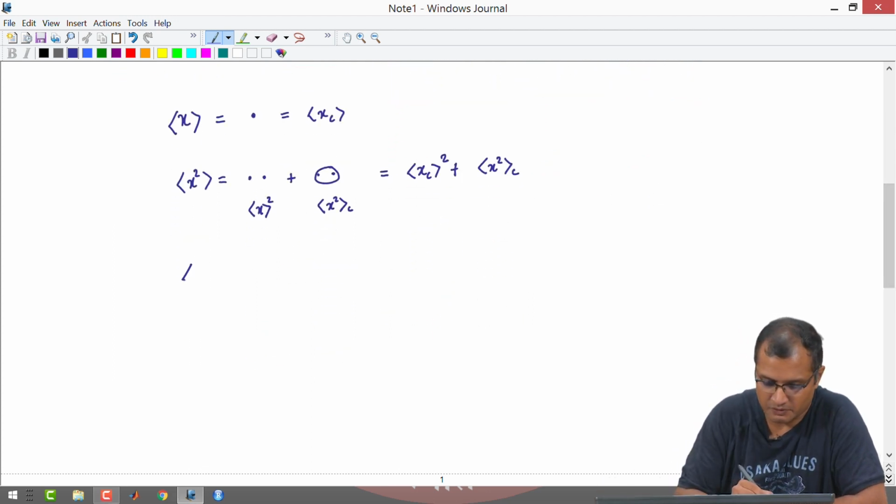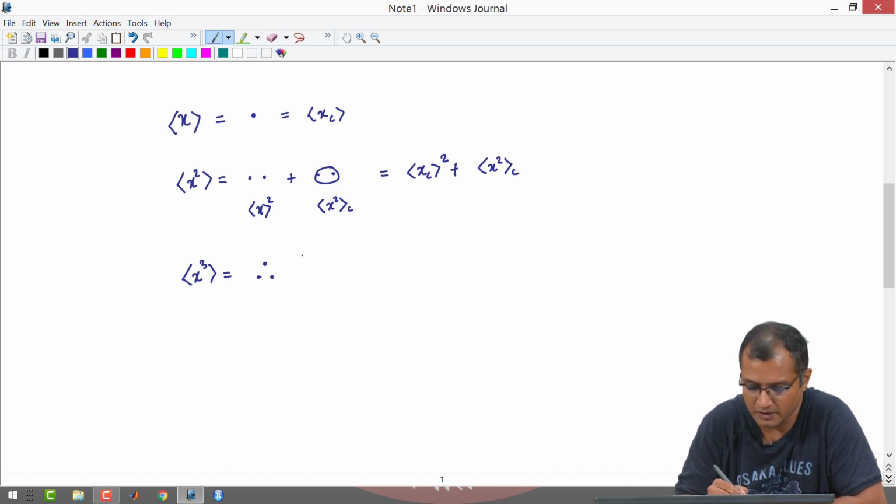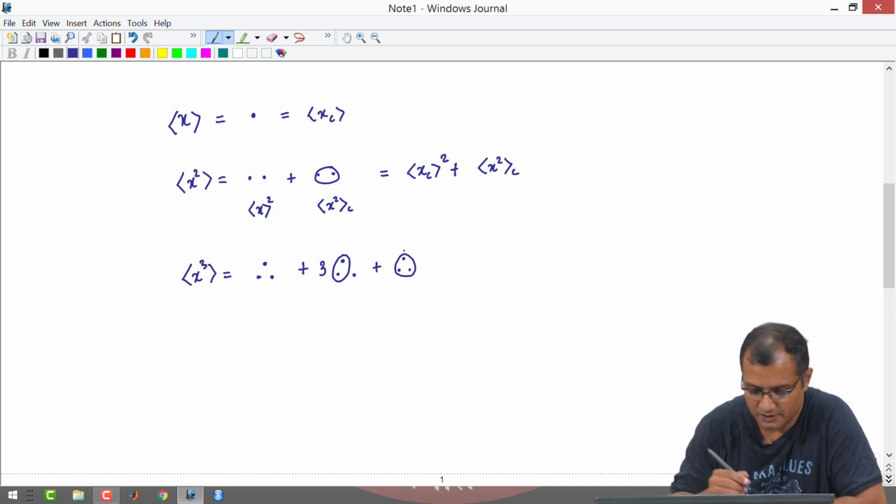Then you can use it to compute the third moment. The third moment can be constructed by taking 3 dots. Now, 3 dots can be kept disconnected. There is one more way to connect 2 dots and leave the third one, but there are 3 ways to do it, so you have to attach a prefactor 3, plus you can connect all of them, that is it. There are no more ways to order 3 dots.